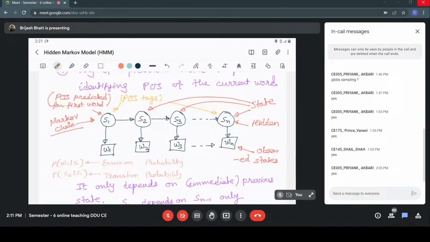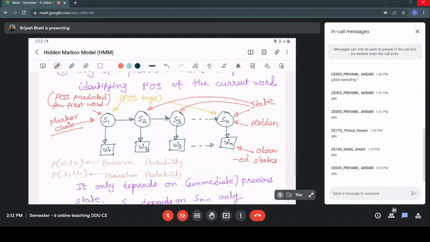But is the model clear? Are you with me so far? Can someone confirm? Is it clear? Any questions on this model? I'm waiting for some confirmation and then I will move to the details.